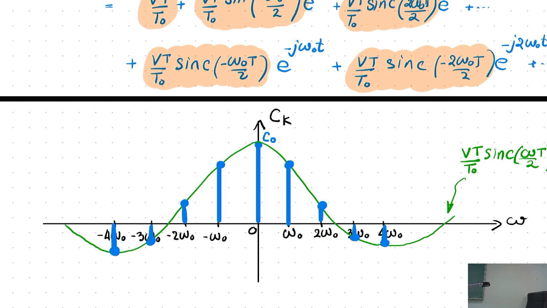This graph is called the frequency spectrum. Different signals have different frequency spectrums. This is the frequency spectrum for a rectangular pulse train. If the signal is some other signal, then the frequency spectrum will look different. This is specific to the rectangular pulse train.